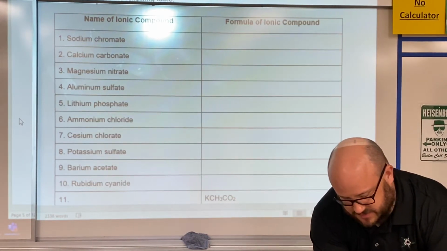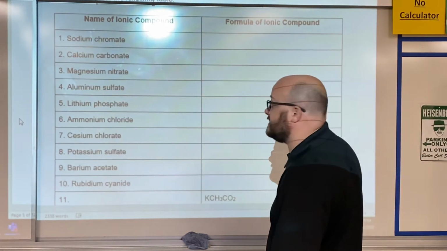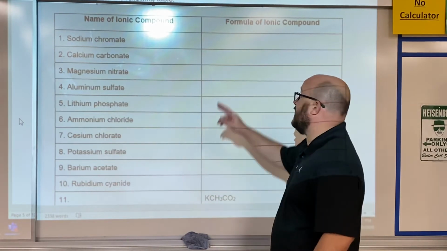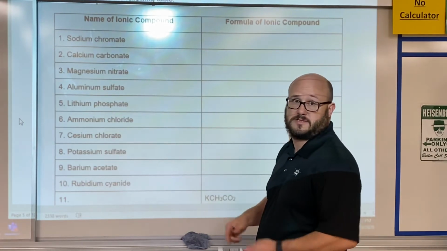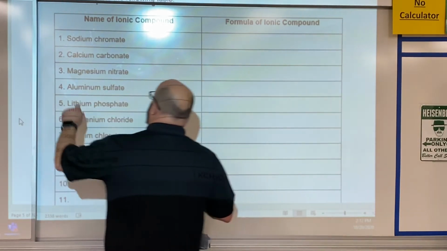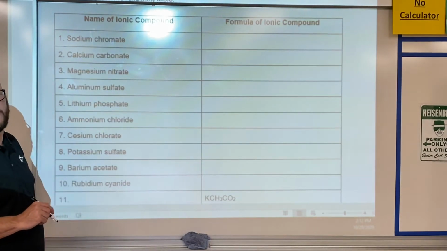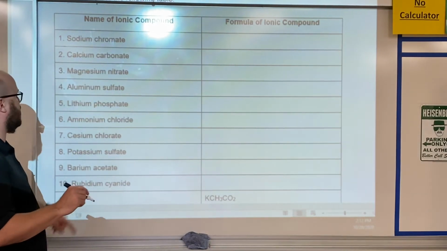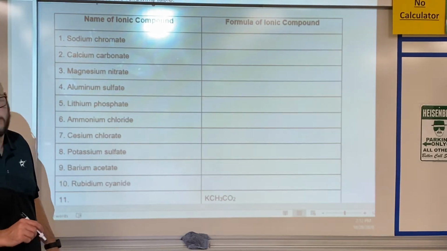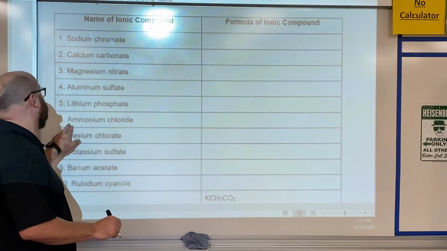Even after doing this for so many years, I still get a couple of them mixed up. So just in case, there's mine. The process is exactly the same for writing the formula as it was for binaries, except this time we have polyatomics instead. Oh, and the polyatomics are always going to be in place of the nonmetal, except for ammonium. That's the only one that can be in place of a metal because it's the only positive charged polyatomic.